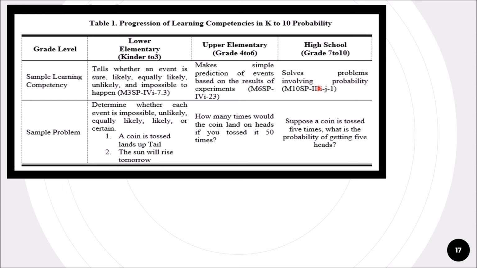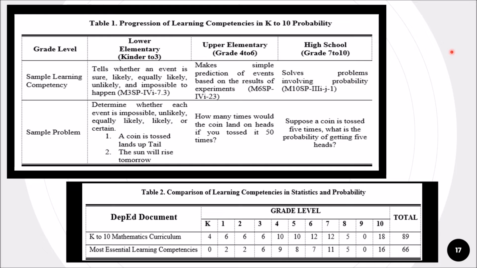It can be gleaned that the spiral progression approach of the curriculum is vertically coherent, particularly in statistics and probability. The learning competencies taught per grade level were increasing in difficulties, which can be considered as one of the best features of the spiral curriculum. Table 2 shows the distribution of learning competencies between K-10 mathematics curriculum and MELC in statistics and probability.